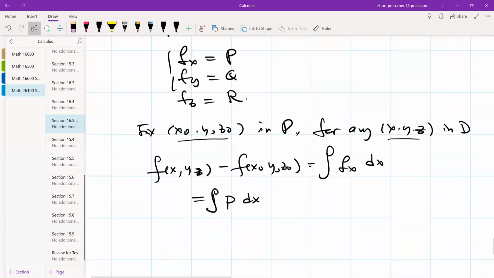When you differentiate and put this into the second equation, this will be the partial derivative of f with respect to y.